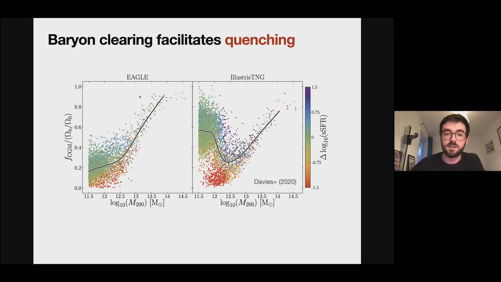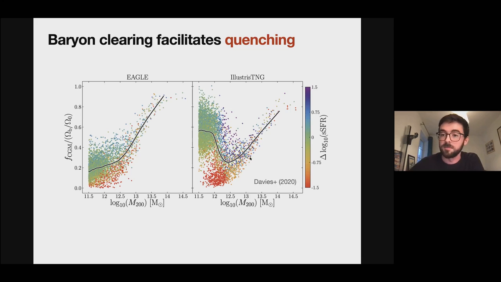And what you can see very clearly in both Eagle and TNG is that the most gas-poor systems, which have the most overmassive black holes, are the ones that almost universally host quenched or very low star-forming galaxies, whereas gas-rich halos tend to host actively star-forming galaxies.